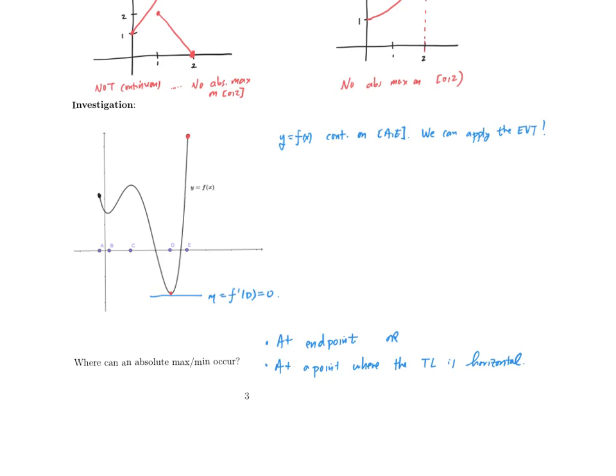And that's familiar to some questions that we've asked previously to find where the tangent line is horizontal. So i.e., this occurs when the derivative is equal to 0.